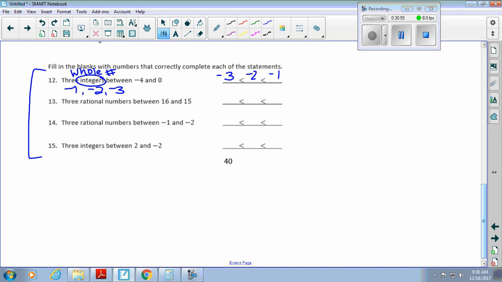There are only rational decimals and fractions, right? So it's your job to pick those. Everybody could have different numbers, all right? There's an infinite amount in between there. So there's an infinite amount of options. And then same for 14, and then 15 is asking for integers again.